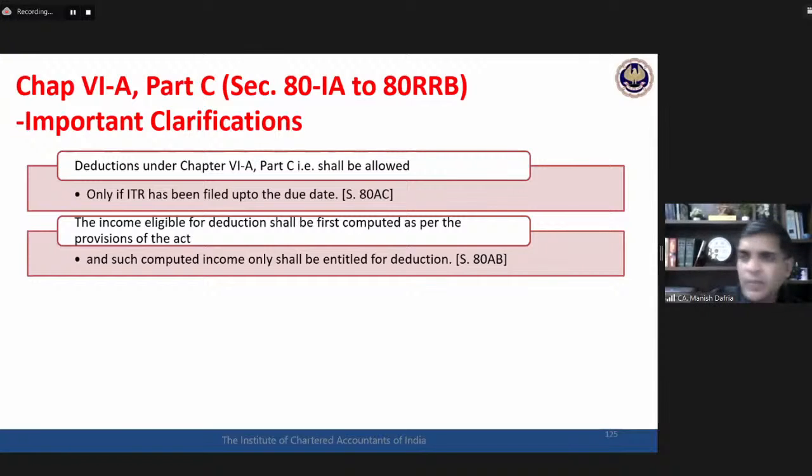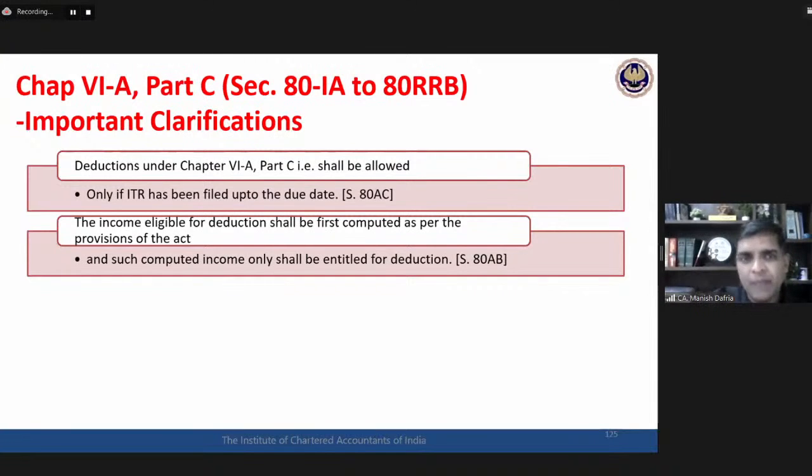So what I do, I feel that for this year, since my 100% income is exempt, I should not charge depreciation. I should not claim depreciation in income tax. What will be the benefit? If I do not claim depreciation right now, my WDV would be higher. So when my income would become taxable, I will be able to claim a higher depreciation. So I don't claim depreciation today. My income will go up.